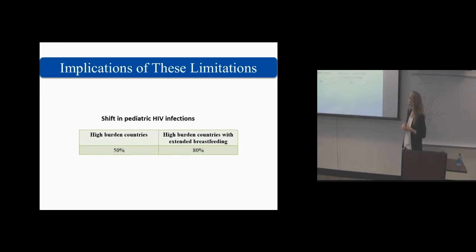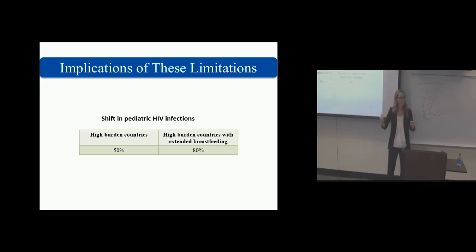Now the implication of these limitations is we're now estimated to see a shift in pediatric HIV infections, where before the bolstering up, remember 70-80% of those infections occurred either while the mother was pregnant or at delivery. They brought that down, so now it's estimated that 50% of new infections occurred during the postpartum period.